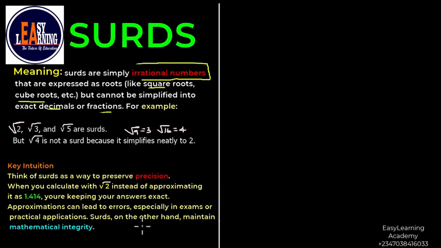Surds, on the other hand, maintain mathematical integrity. All this means is that surds help us to maintain precision and mathematical integrity. Rather than approximating the square root of a number that is not a perfect square in decimal form, it helps us to have a precise answer.